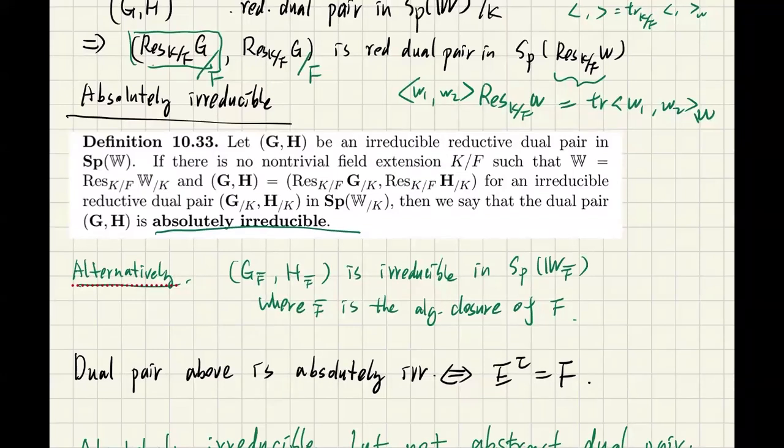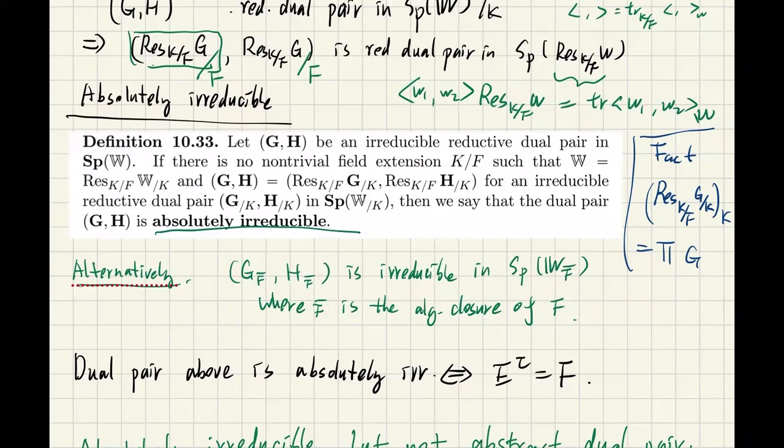Okay, so the reason is that you have this kind of fact about the restriction of scalar. Take the restriction of scalar from K over F of an algebraic group G defined over K, and then you do the extension of scalar back to K. So this one is actually just a product of copies of G, one for each index i in the Galois group of K over F. I think we can assume that K is a Galois extension.